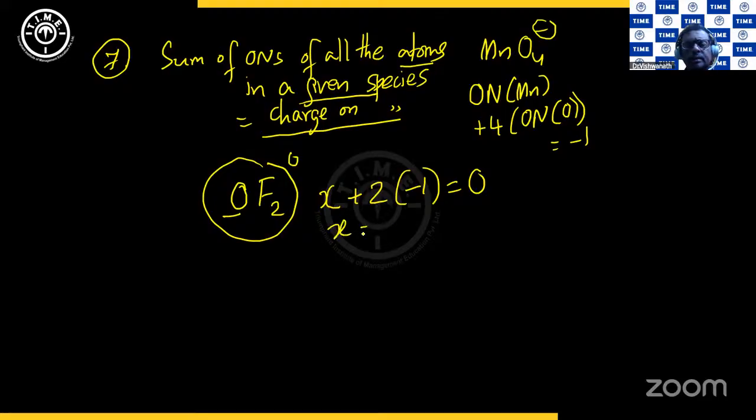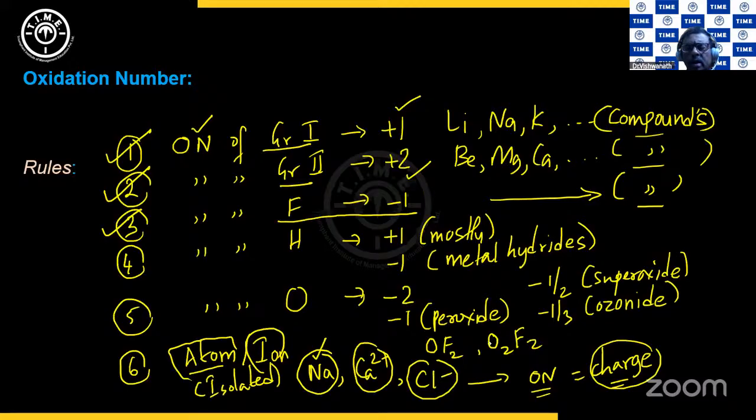So X is equal to +2. Now in OF2, oxygen has got a +2 oxidation state. Similarly for O2F2, if you calculate, you'll get a +1 value. Clear? So like this, we'll be able to come to a conclusion.